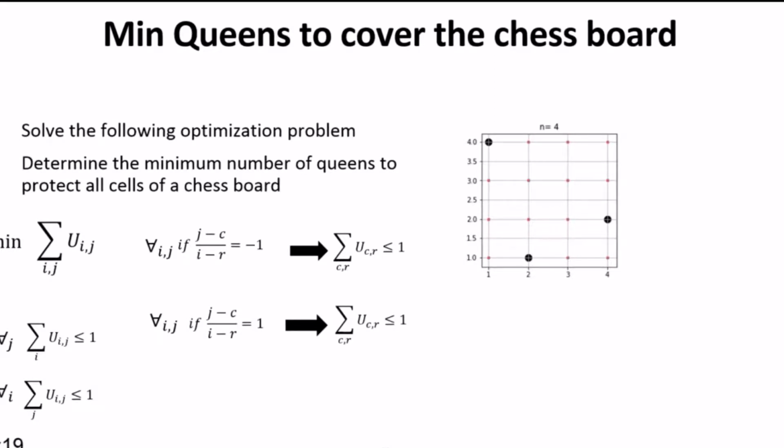And also we need another one. If we just use these 4, then the obvious solution to this problem will be no queen at all.